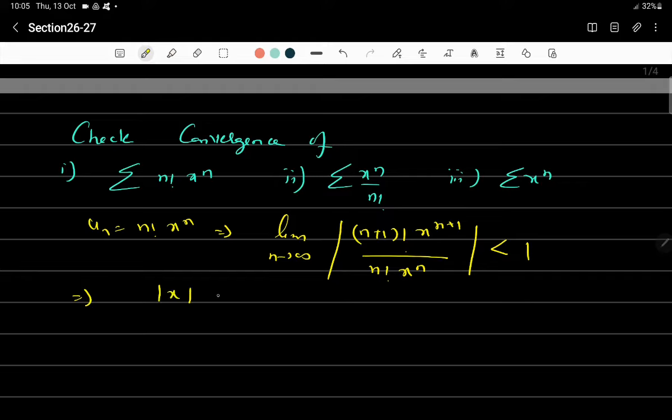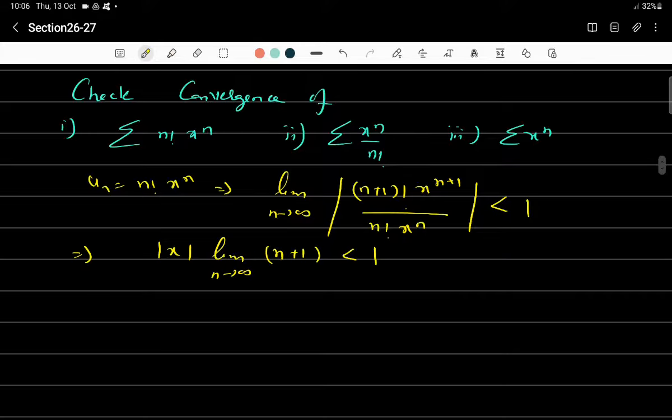I can take x outside, and only n plus 1 remains. Now as n tends to infinity, n plus 1 is going to infinity. So the left hand side would be less than 1 only if x is 0, otherwise it is not possible, because we are approaching infinity.